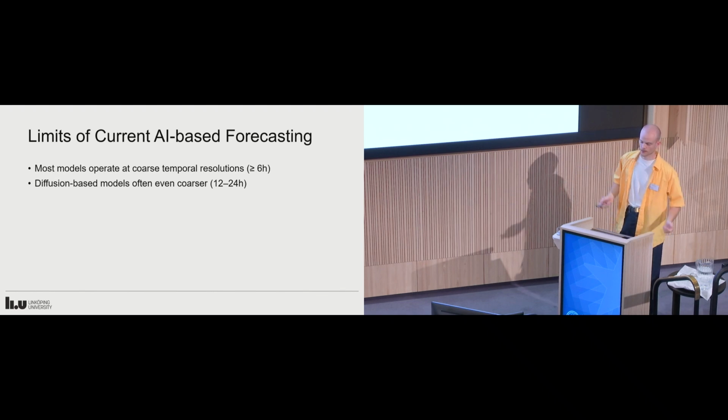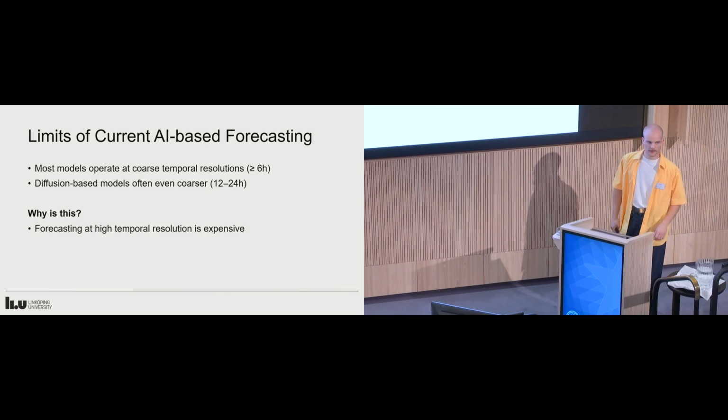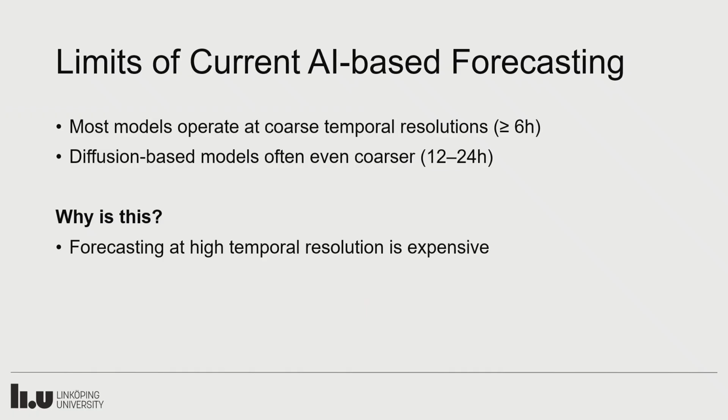And so we asked why this was, and we came up with two possible reasons. The first one is quite easy to guess: forecasting at a high resolution is very expensive, right? There's been a push towards going to higher spatial resolution, but we haven't seen the same push towards going to higher temporal resolution.